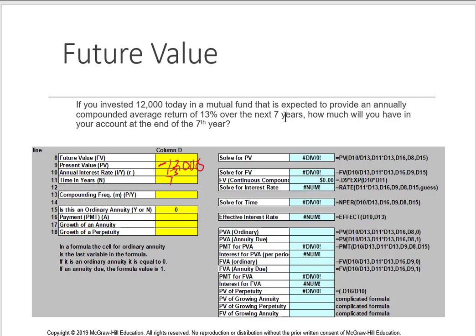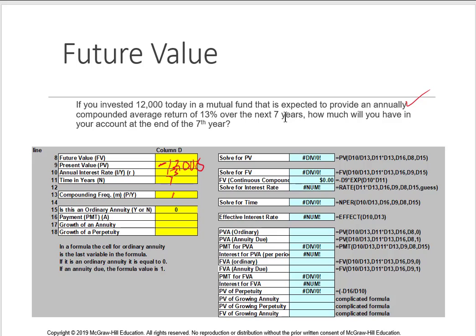Now this tells us we're going to do this annually, so this box has to be a 1. If we look over here then, and I'm sorry, this box is going to be a 0. That tells us, is this an ordinary annuity, or do the cash flows happen at the beginning or at the end? At the end is 0.